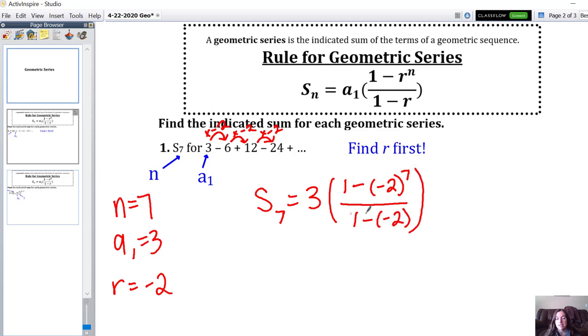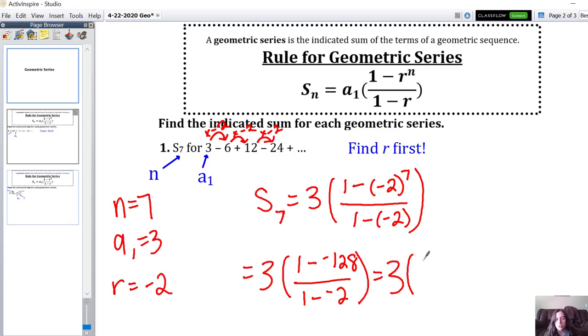So from PEMDAS, I'm going to go ahead and simplify everything that's in that parentheses first. That still keeps the 3 on the outside. Then we have 1 minus, and then we need negative 2 to the power of 7, which is negative 128. So we have 1 minus negative 128 over 1 minus negative 2.